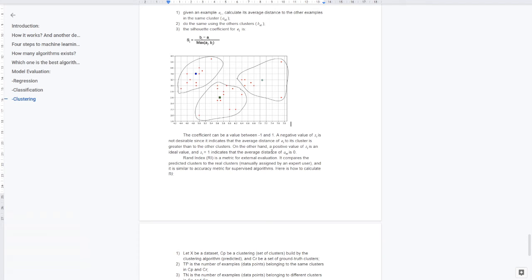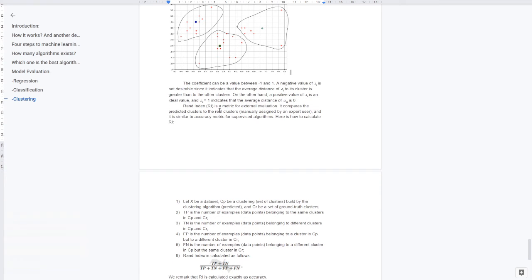On the other hand, a positive value of this formula is an ideal value, and if the result is equal to 1, it indicates that the average distance of all points in this cluster is 0.